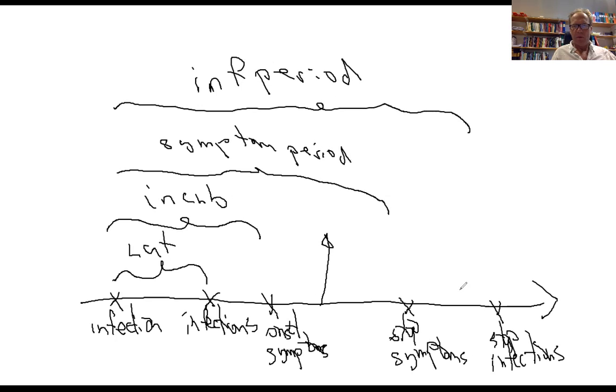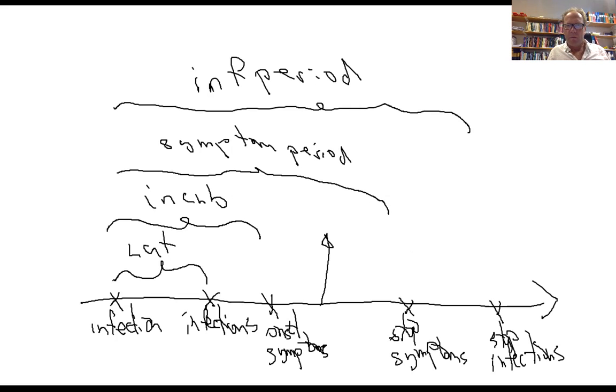Also, these things can have opposite order. I think maybe it's more common to actually have opposite order, but it's a little bit unclear when you stop becoming infectious. Of course, it's not a sudden stop, but it's a decline. So this is still a simplification of the real world. But anyway, these are the type of durations we're talking about.